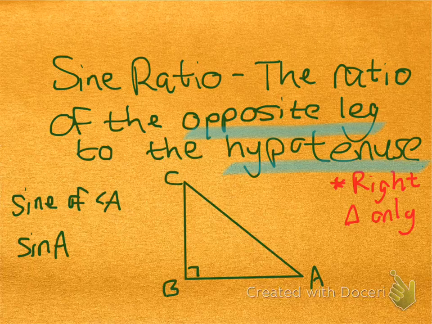So the opposite leg. If we're dealing with this angle A here, the opposite leg to A would be the leg that is on the other side of the triangle, which in this case is BC over, with tangent we were dealing with the adjacent leg, but now with the sine ratio, we're dealing with the hypotenuse.